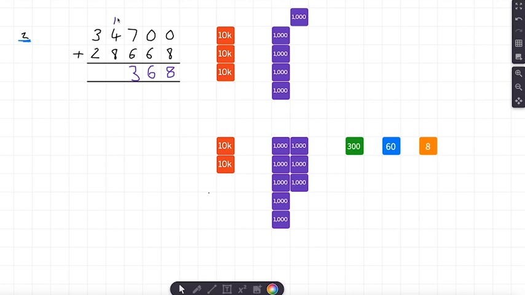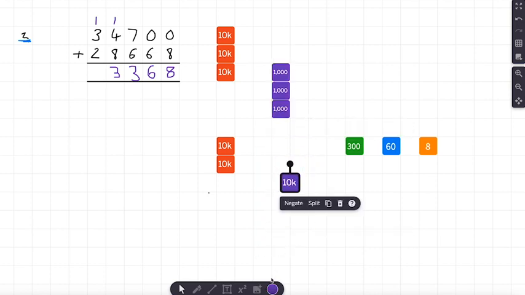So now in the thousands column, we had 8 and 4 is 12, plus 1 is 13 again. So we're going to need to carry the 1 and keep the 3. And let's see what that looks like with the counters. So we have our 13 here, 13,000s, and 10 of them will make another 10,000.